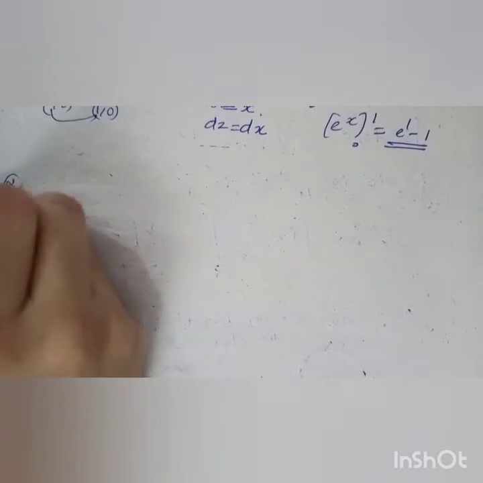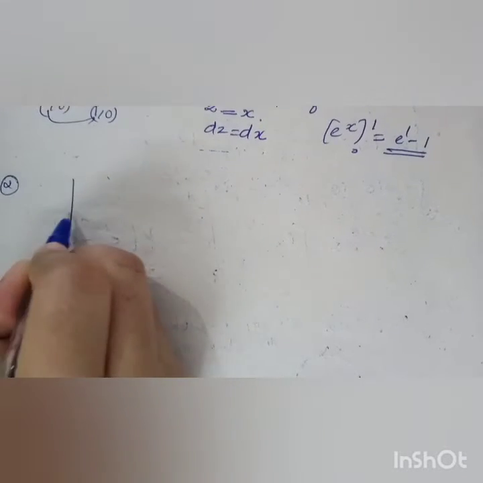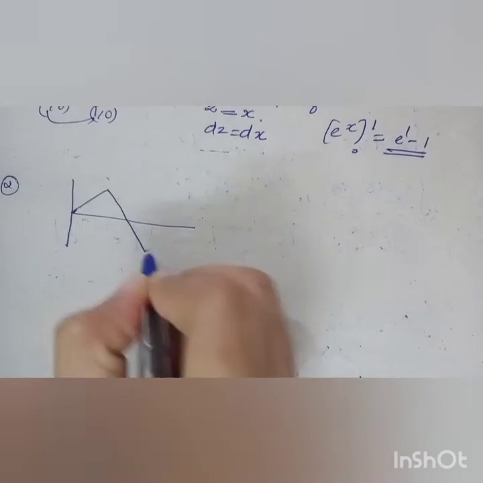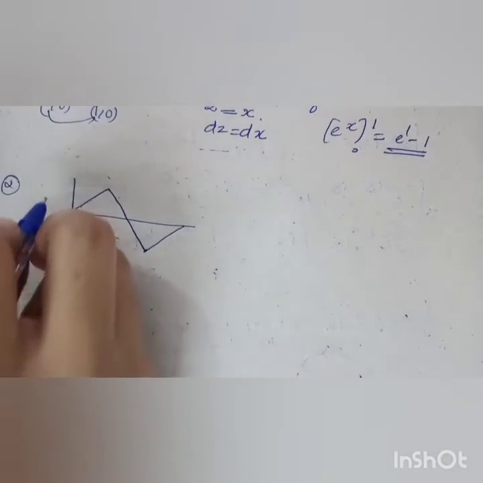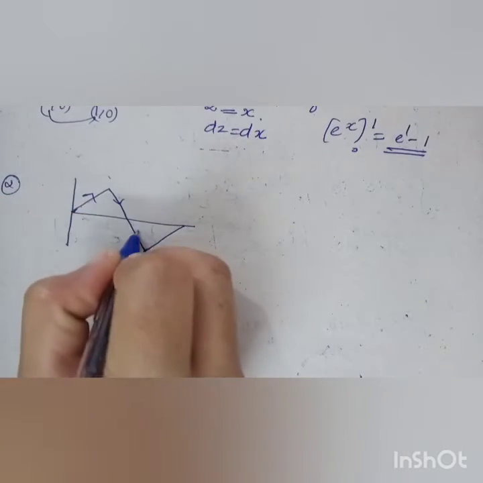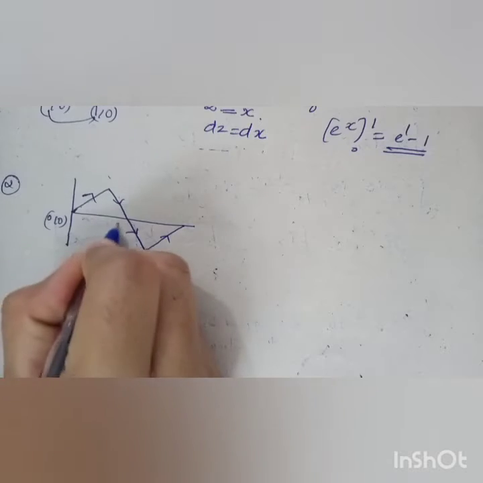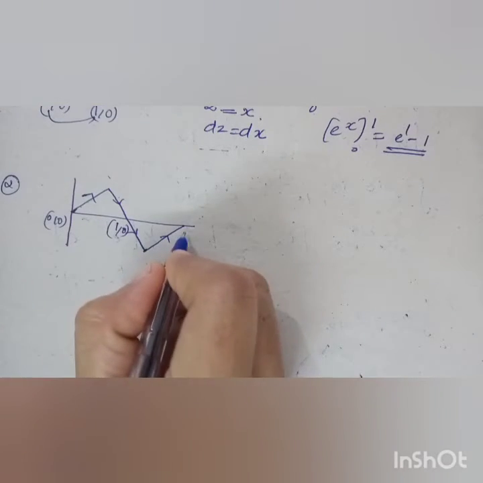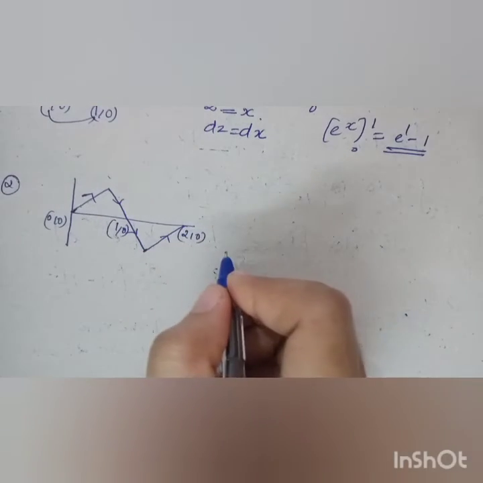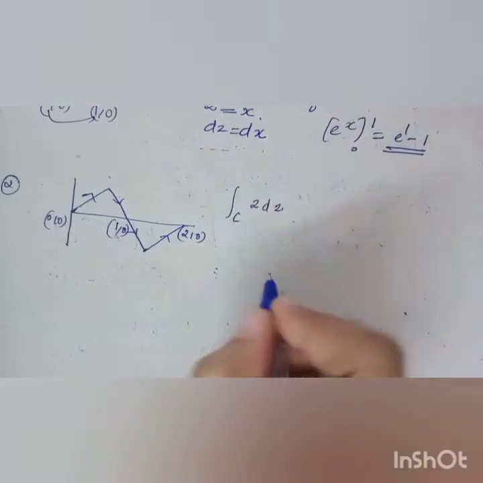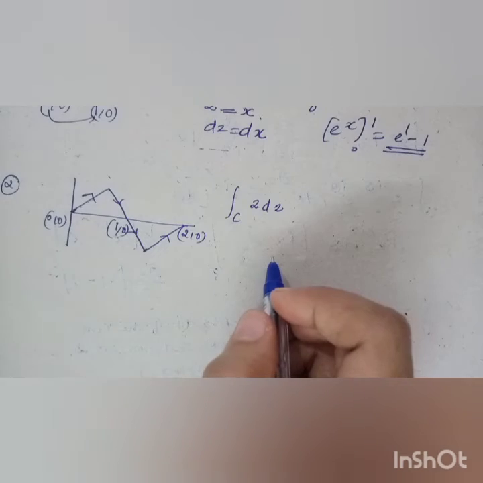So next question, you have to consider the figure like this. This is the curve going. This is 0, 0, 1, 0, 2, 0. So we know that this is an analytic function, the curve is given by z dz, that is residues are 0 and it is an analytic function.